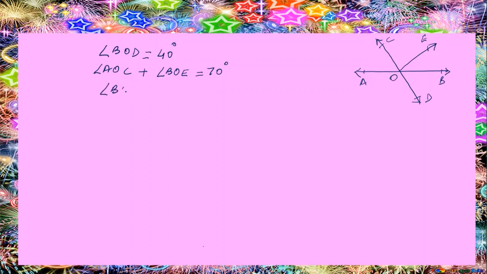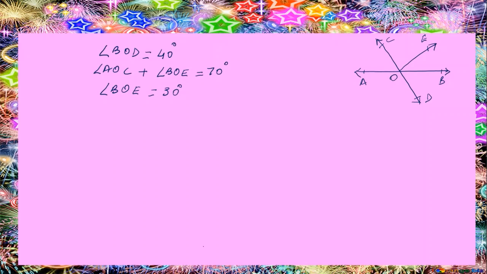Then a line over here and a line over here, and it was E, B, C, D, O, and this was your E. Now we were given angle BOD is 40 degrees and angle AOC plus angle BOE is 70 degrees, and we have calculated angle BOE, that is 30 degrees.